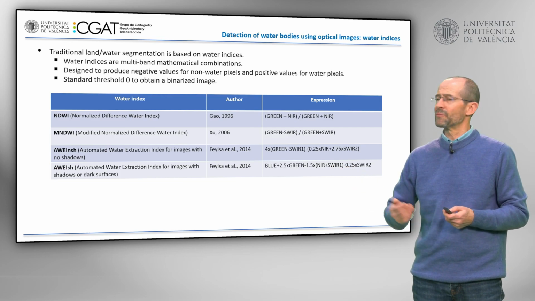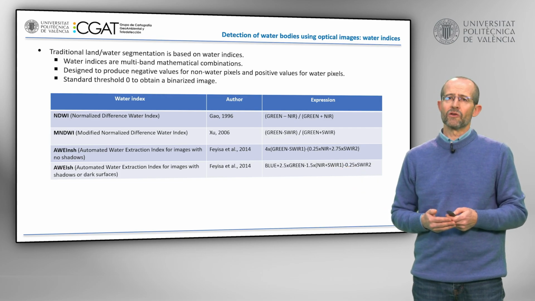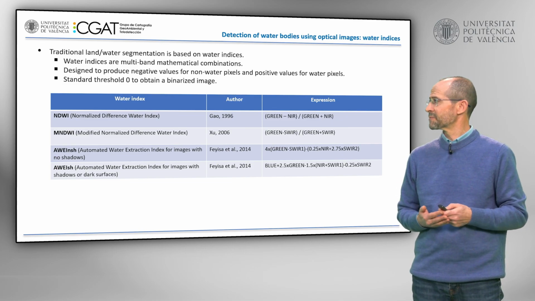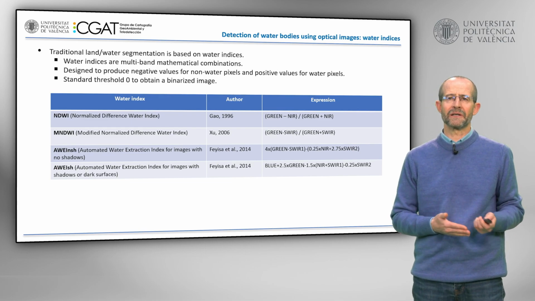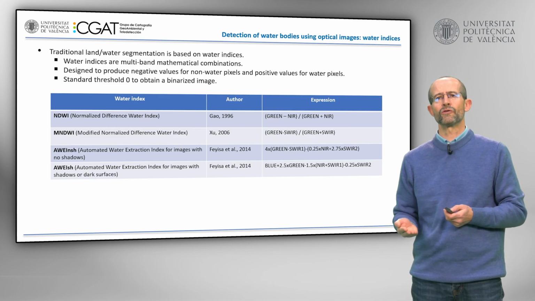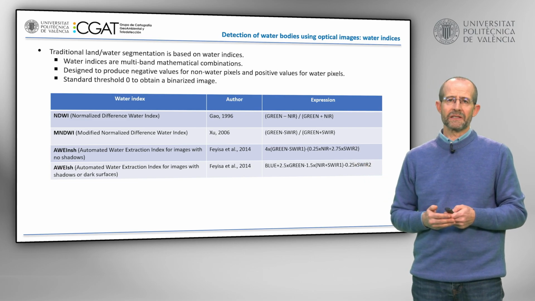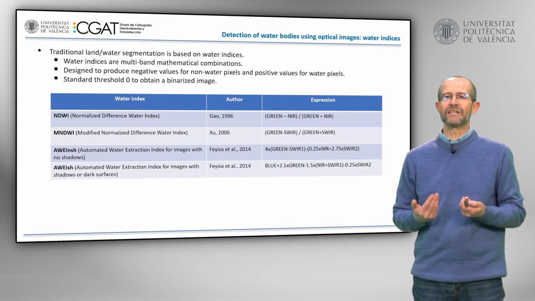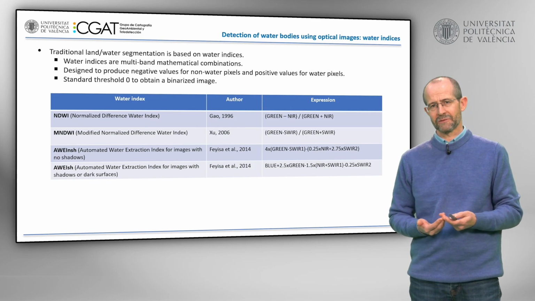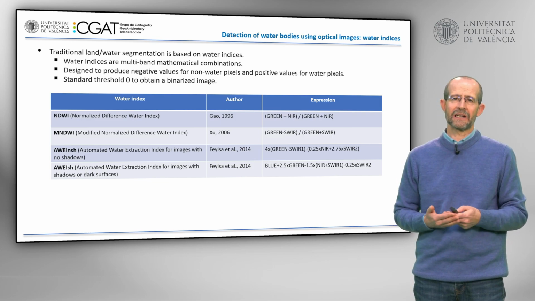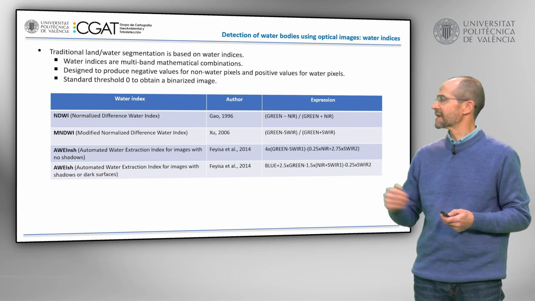Some indices can be seen in this table, such as the normalized difference water index and the modified normalized difference water index, whose expressions involve the green, near-infrared, or shortwave infrared bands. The next two indices, ONCH and OISH, use the SWIR bands in shadowless and shadowed images respectively. The bands involved in their calculation and the equations relating them are shown in the table.